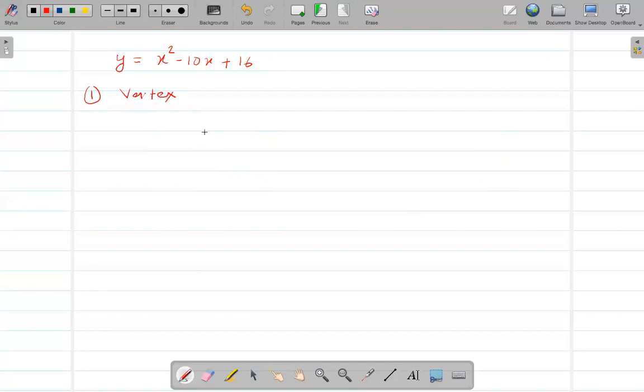So for an equation in the form y equals ax squared plus bx plus c, if we need to find the vertex, there is a formula.